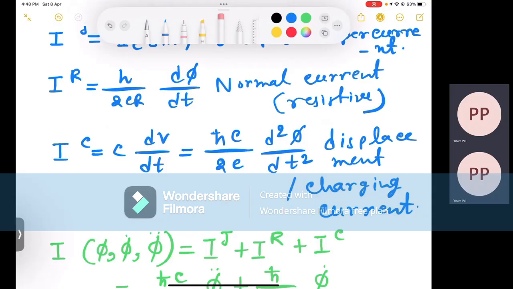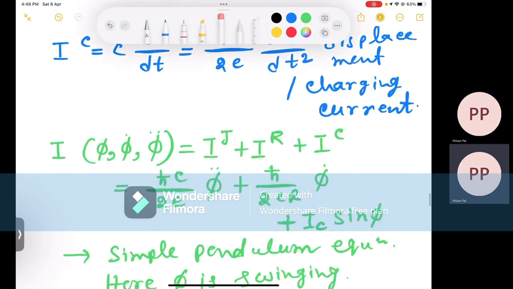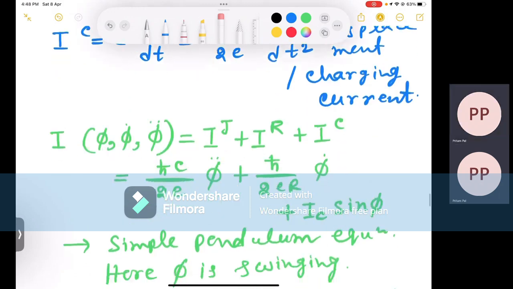So we just need to differentiate once again. The second time derivative becomes del squared phi over del t squared, and from the second Josephson equation it will give you a second-order differential equation like this.